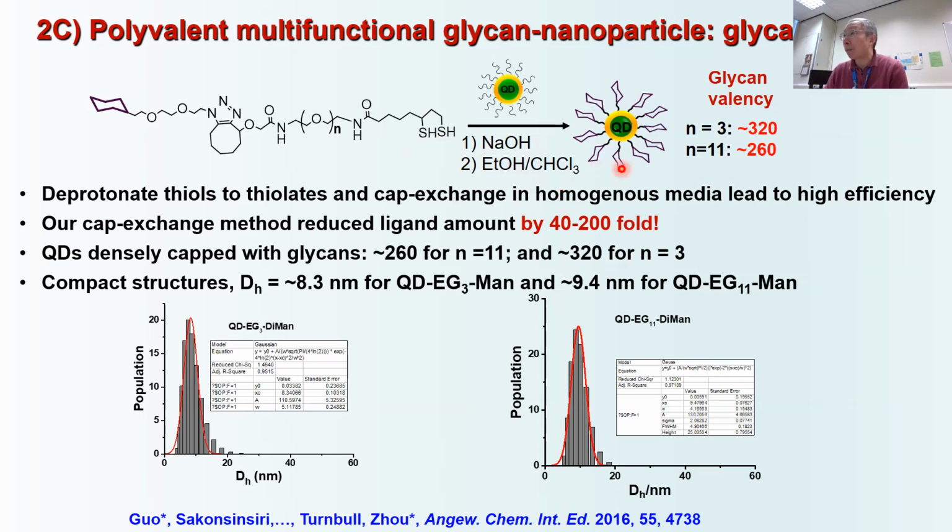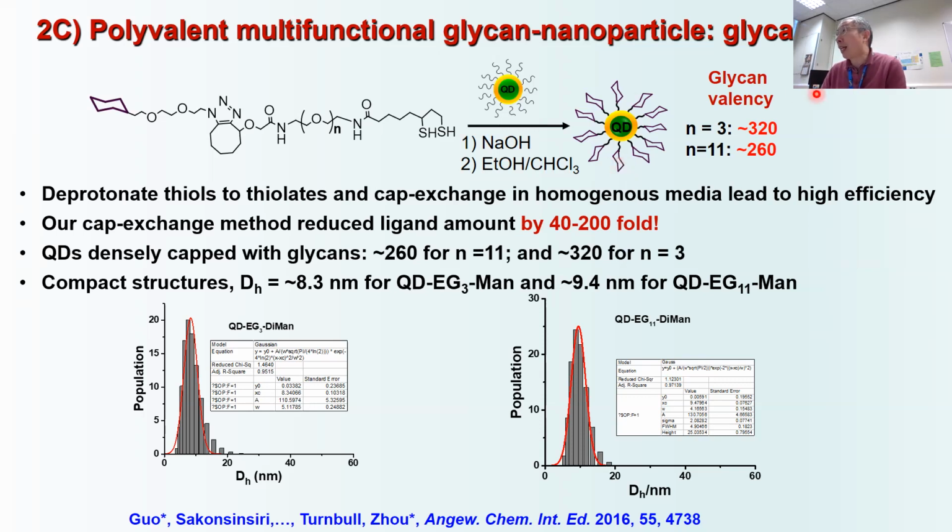As a result, we can achieve significantly higher cap exchange efficiency. Under our conditions, we can reduce the ligand amount by almost 200-fold, which means we can use about 1 milligram of the ligand to make about 1 nanomole of these quantum dots, which is really beneficial.